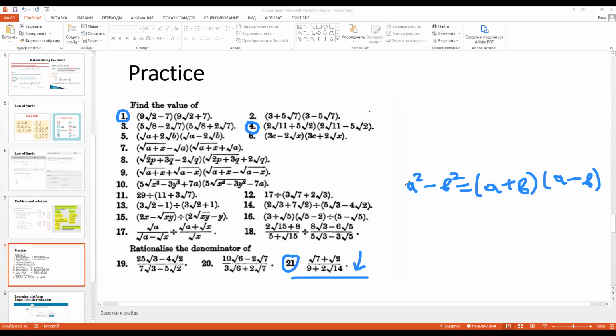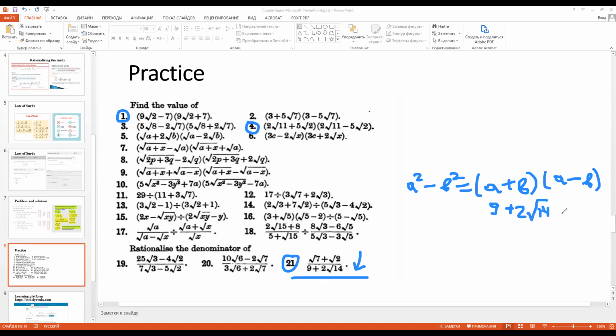Here, if you look at this, 9 equal to a plus 2 square root 14.